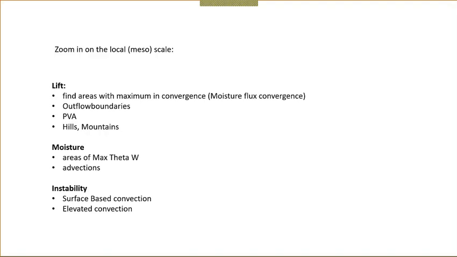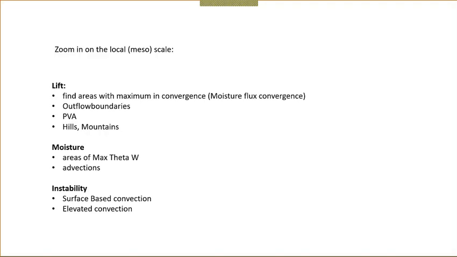That's a combination of moisture axis and mass convergence axis, so to speak. So you can look at streamlines in combination with moisture content, so streamlines and theta E values at 850 hectopascal give you a first estimate.